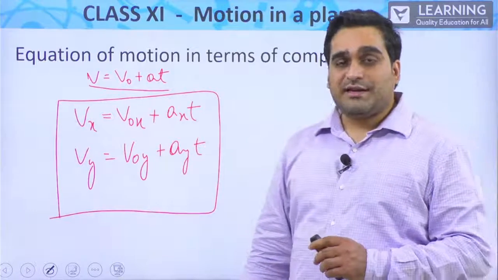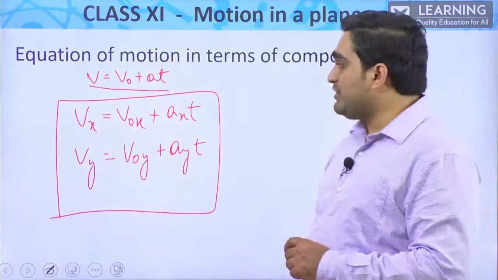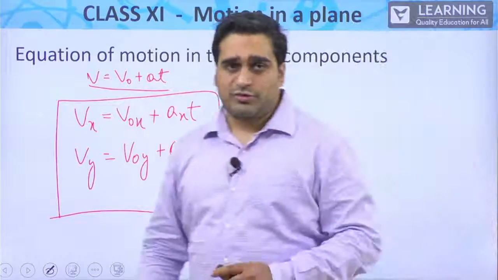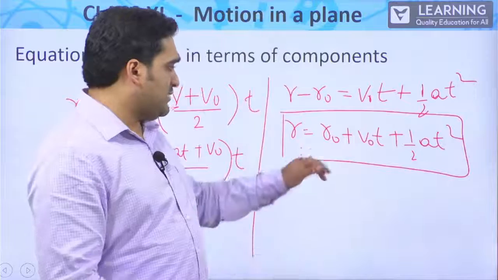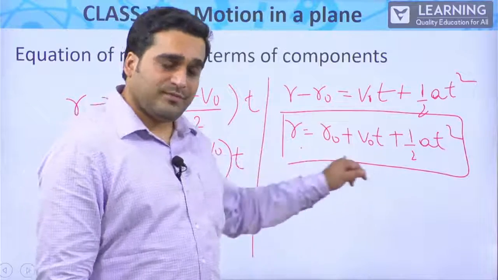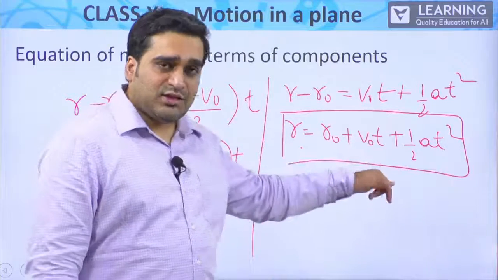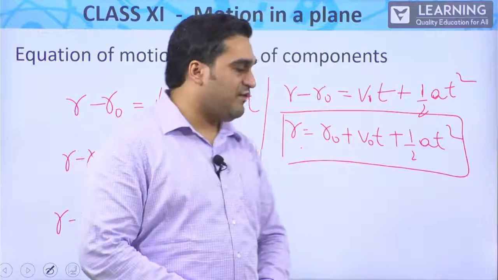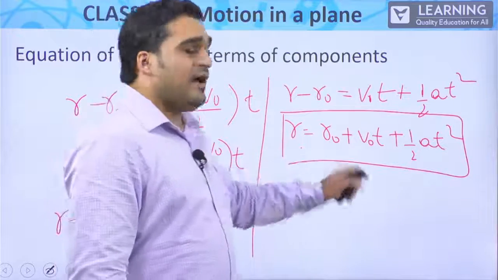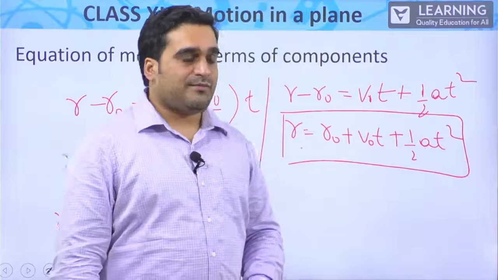Can we also do this for the second equation of motion? Let's have a look at that one more time. This was the second equation of motion. So we take this and express it in component form. R and R naught are the position vectors.